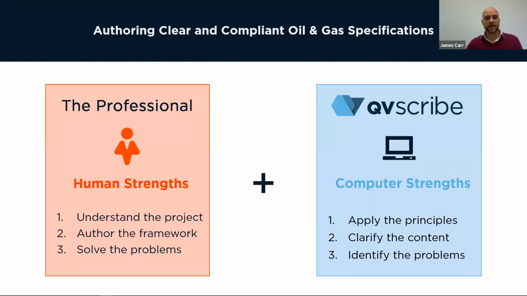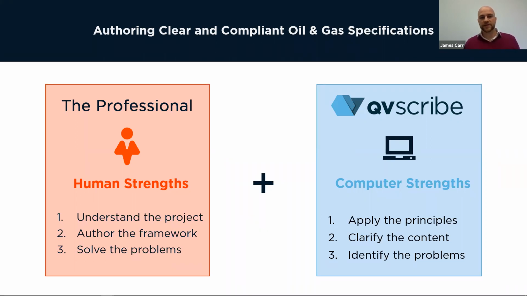So the product that we're going to be talking about is called QScribe. It's a requirements authoring tool that provides analysis and feedback as someone is actually writing their requirements. It's giving them live information on how they can improve the clarity and quality by enforcing a number of standards. So the INCOSE guide for writing requirements is key to that, but also your own company standards.